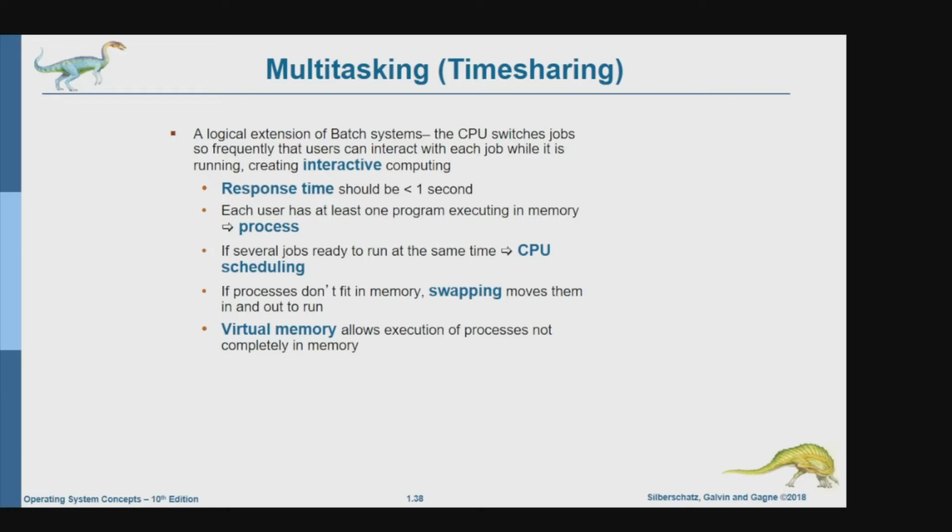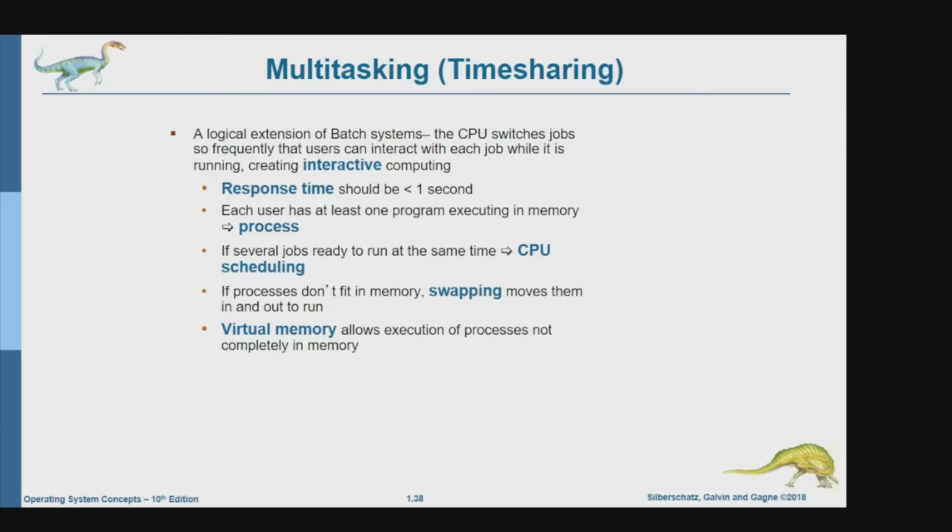So response time should be less than 1 second, and each user has at least one program executing in memory. It's the process of executing the program. If several jobs are ready to run at the same time, the CPU will do the scheduling.